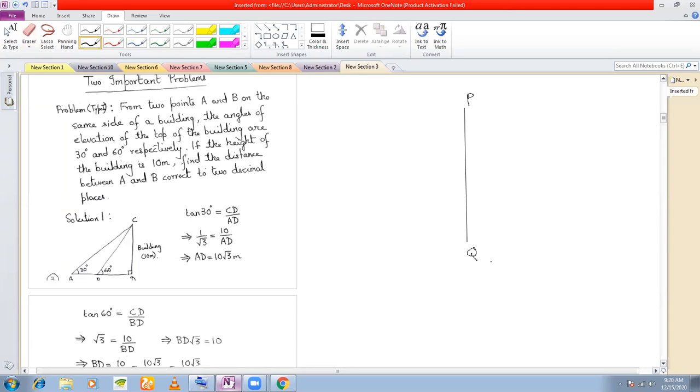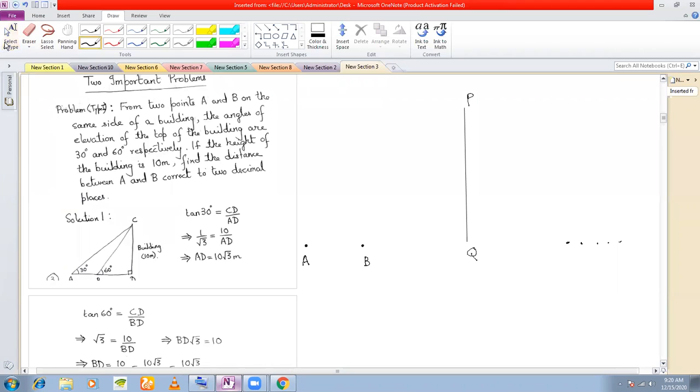From 2 points A and B on the same side of the building, let's take 2 points A and B on this side. Let's call this point B. Let's call this point A. So these are on the same side. This is one side of the building. What is the other side? This is the other side of the building.